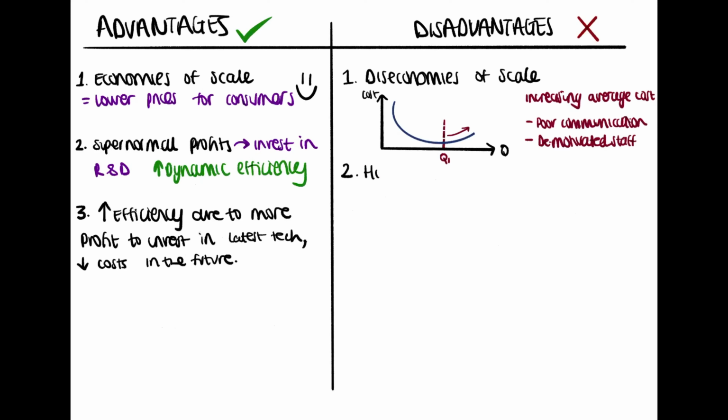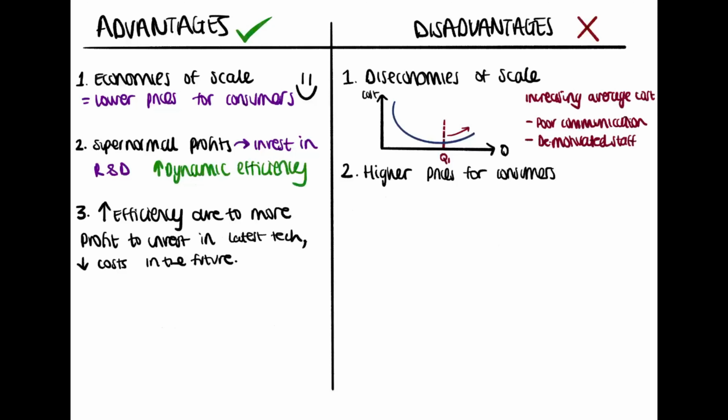Another point is that prices may actually increase for consumers, especially in markets in which demand is inelastic, and from lesson 5 you will know that this means demand is less responsive to a change in price. So what monopolies can actually do is charge a price which is allocatively inefficient, as we saw in the previous graph, creating a welfare loss to society.